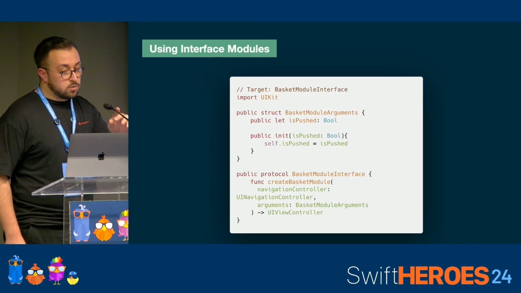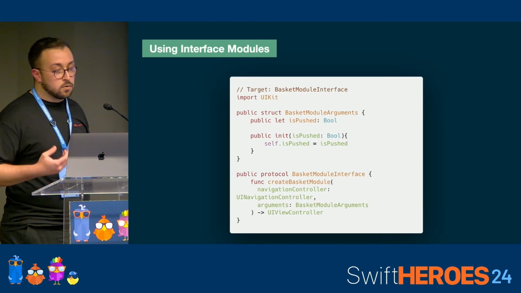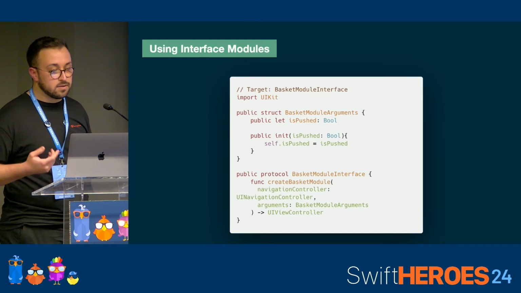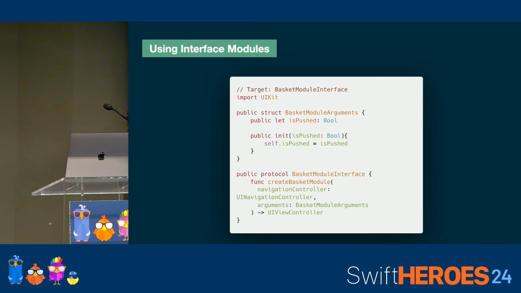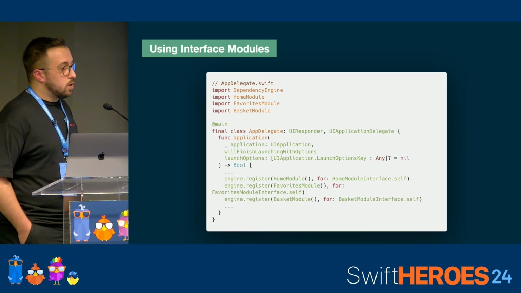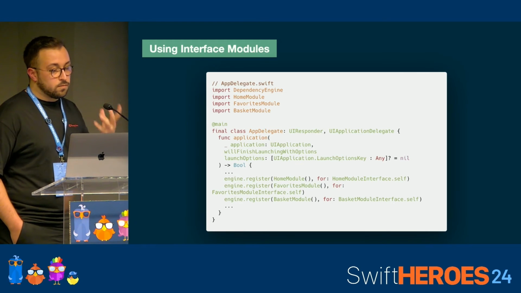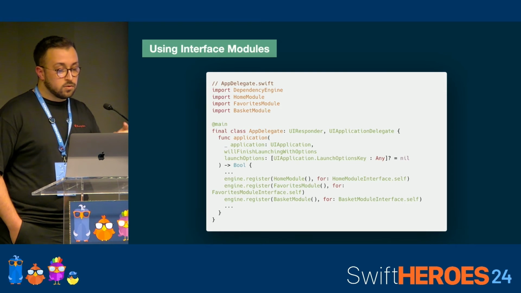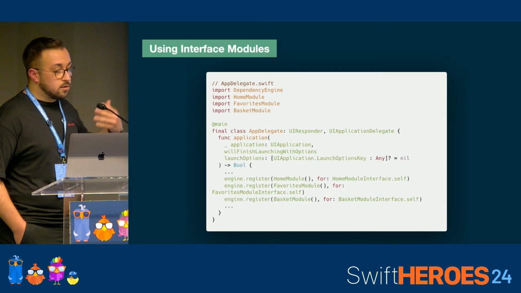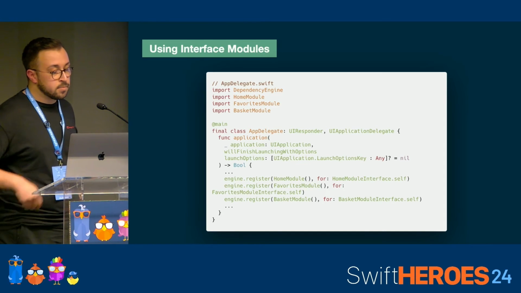As we will import the modules' interface targets across other concrete modules, we should define their public APIs in their interface targets. In this case, basket module interface, and the interface should be marked as a public protocol. Then we are ready to define the registrations of concrete and interface APIs to our DI container, and we will be able to retrieve the concrete values over the public APIs.